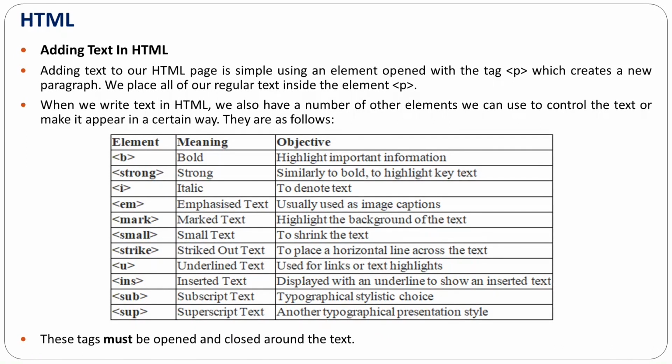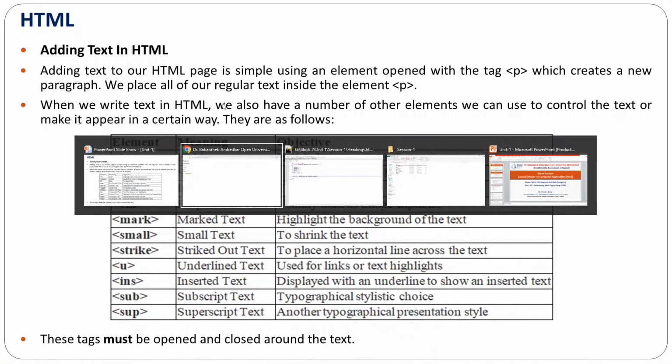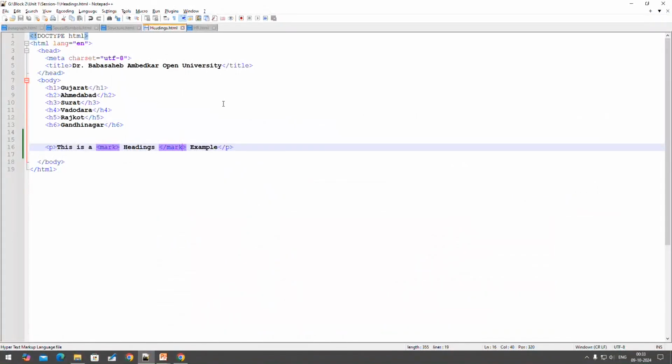Then small is there to shrink the text. If you want to shrink the example, you can use small like this. It is very important to keep the order of your tags, otherwise the expected result will not be displayed.